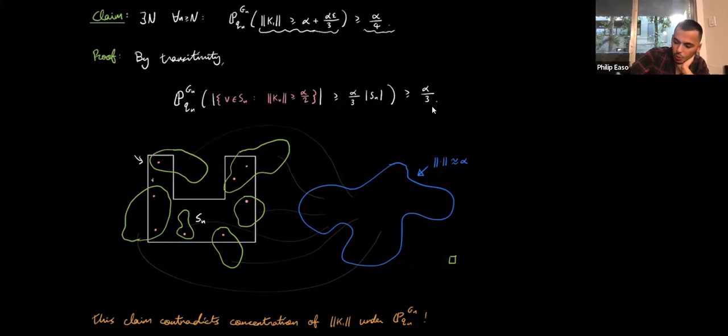So we know that the largest cluster in Qn is concentrated around alpha. So a particular vertex has probability approximately alpha of being in a cluster of size approximately alpha by transitivity. So the expected number of this under Qn is approximately alpha. So the probability that it exceeds alpha over 2 is approximately at least alpha over 2 by Markov.